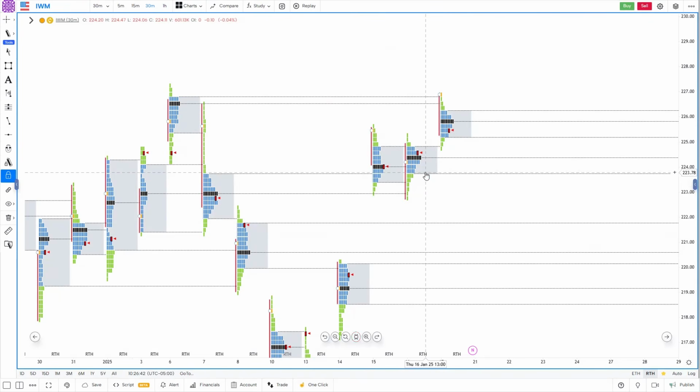But between these lines, value high and value low, lies value. This is where other buyers and sellers who participated that day, January 16th, felt IWM was valuable. Between the 16th and the 17th, you can see value actually went higher.